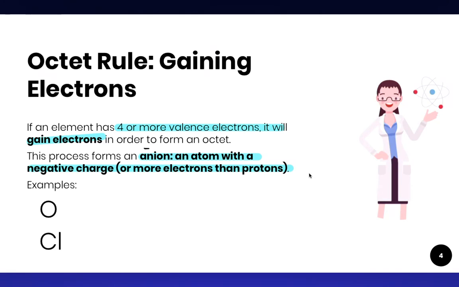Here is oxygen's electron configuration. Oxygen has 6 electrons in its highest energy level, meaning that it has 6 valence electrons, just larger than 4. So it will form an anion, meaning that it gains electrons.